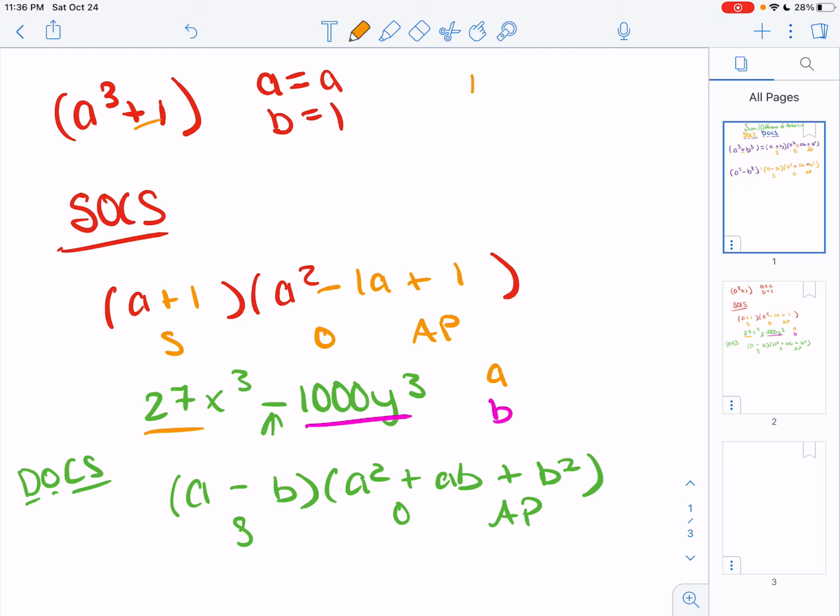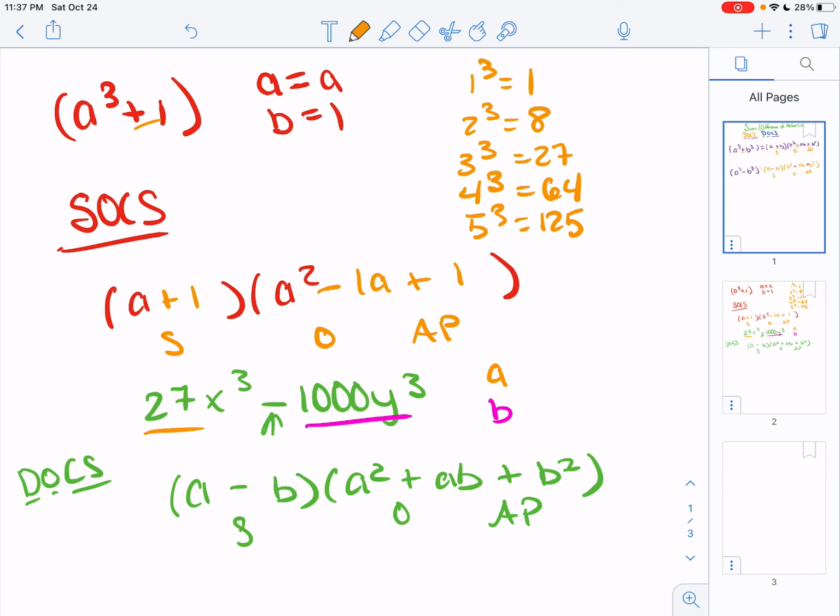So 1 cubed is 1, 2 cubed is 8, 3 cubed is 27, 4 cubed is 64, and that's usually the extent to which you should memorize. The rest you can find pretty easily. You could do 5 cubed, 125.